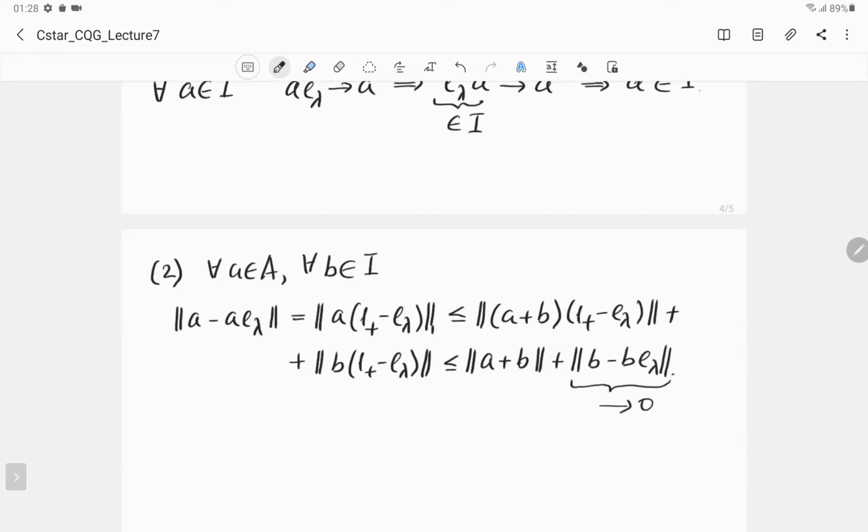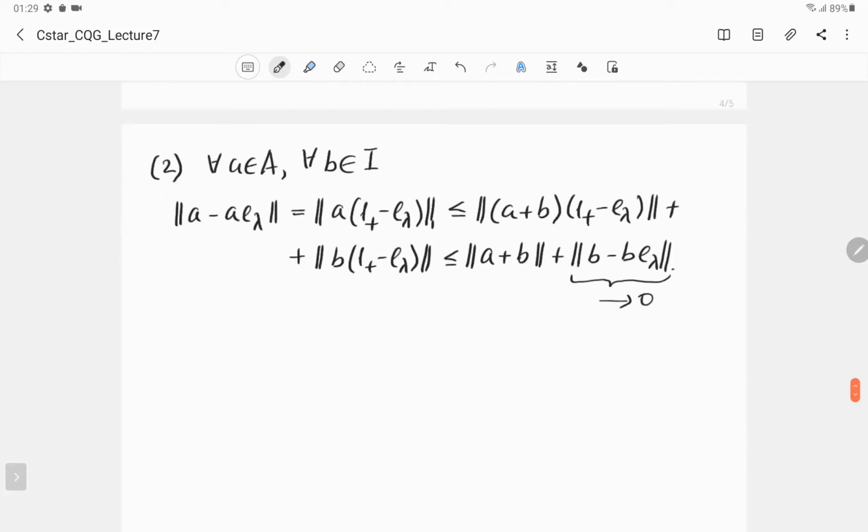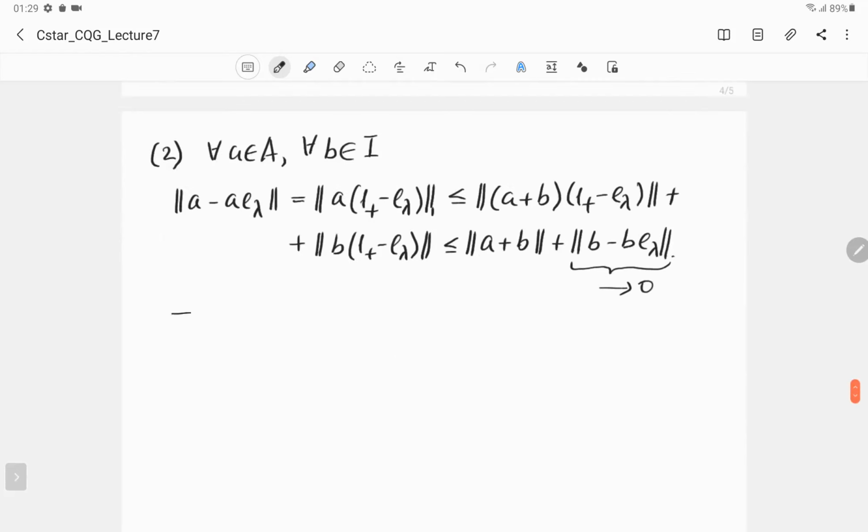And now, if we take the infimum over B, we see that the infimum of this expression over B is just the norm of A in the quotient. So this inequality implies that the upper limit of the norm of A minus A e_lambda is less than or equal to the norm of A plus I in the quotient.